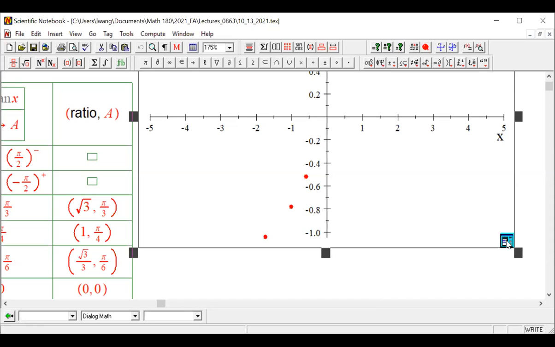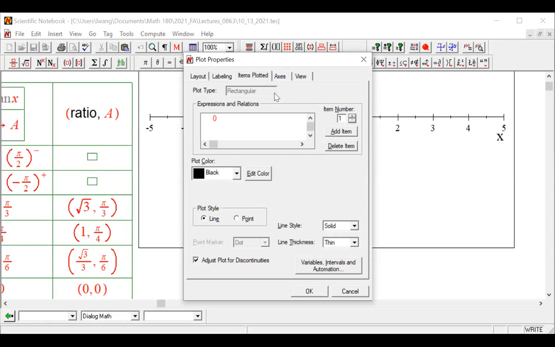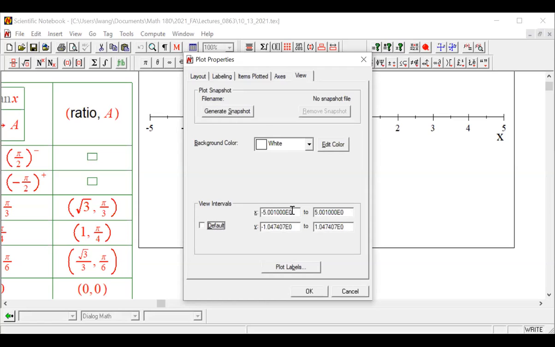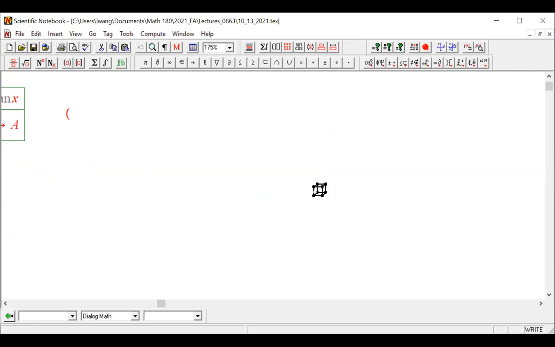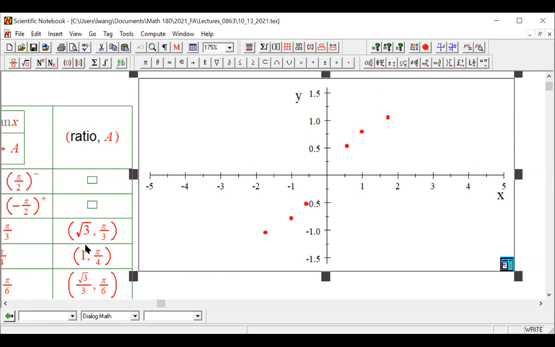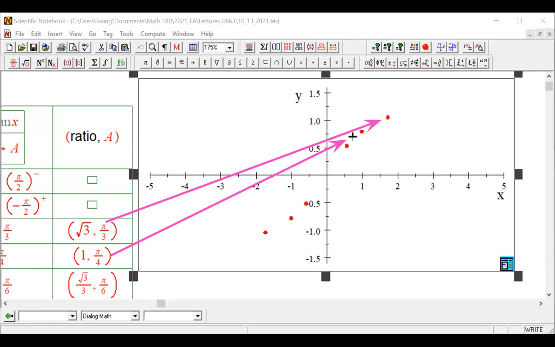These dots, I need to make some adjustment. Look at these dots. These are the dots, right? This guy goes there. I try to speed it up a little bit. So these are the positive points, and the negative points are reflected accordingly.